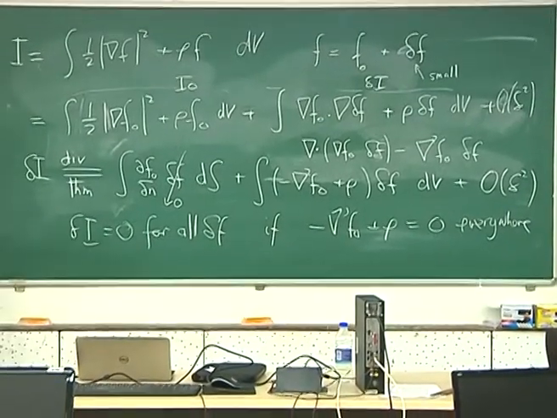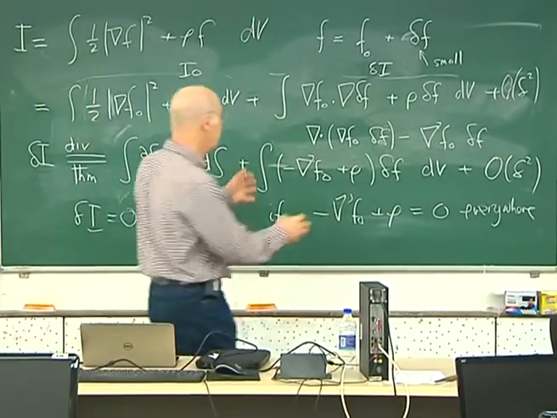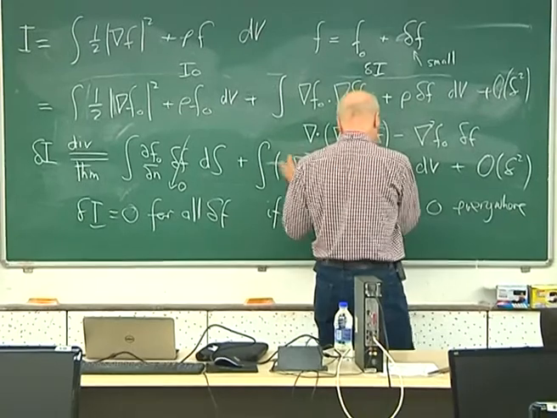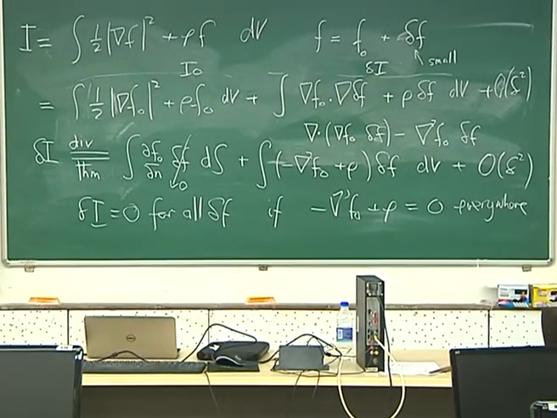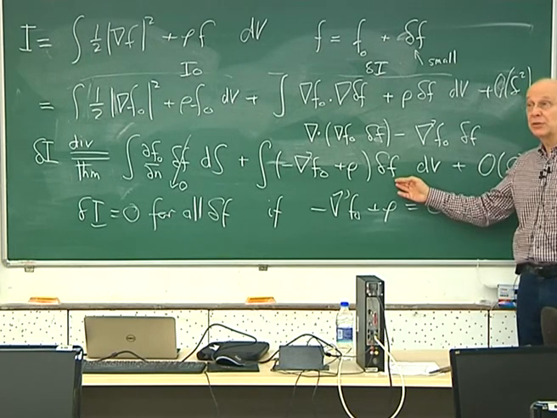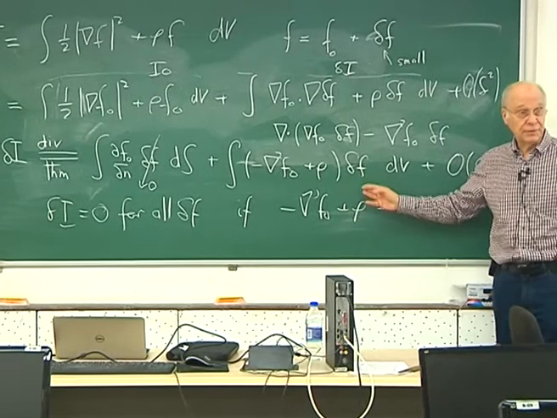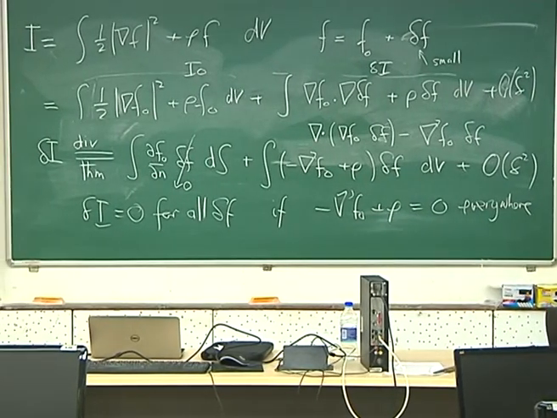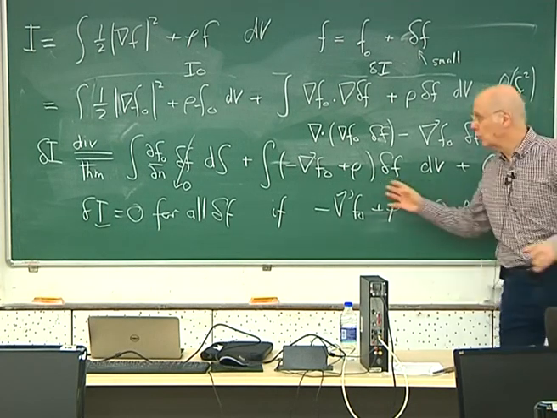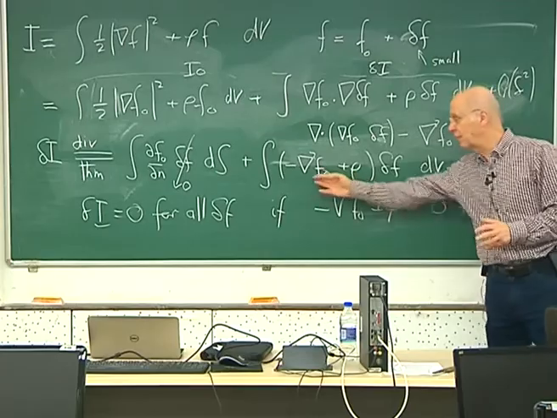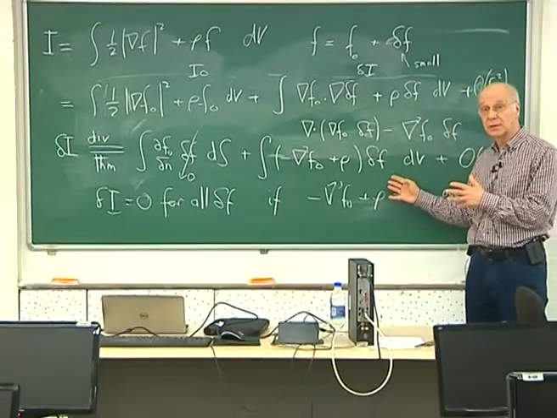Okay, so just to repeat that last argument, if this integrand, this bracketed term, was not 0 at some point, then I would choose out of my arbitrary possible delta f's a delta f which is a localized Gaussian round that point. And so this integral can only get values from around that point.